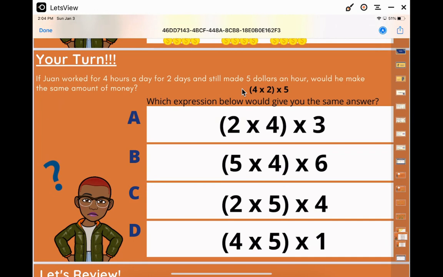So we know that the answer is not A because there's no 3 in our original problem. We know the answer is not B because there's no 6 in our original problem. We also know the answer is not D because there's no 1 in our original problem. Answer choice C has a 2, a 5, and a 4, just like our original problem. So the correct answer is C.